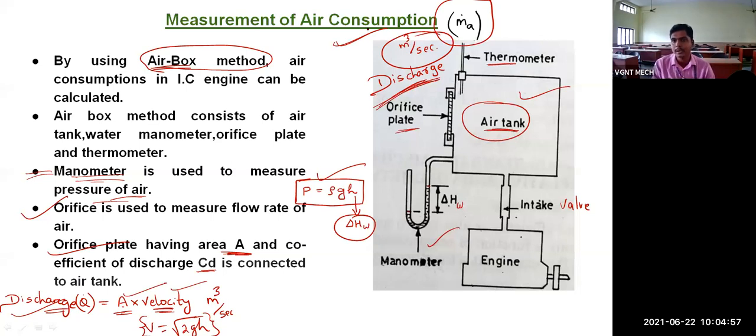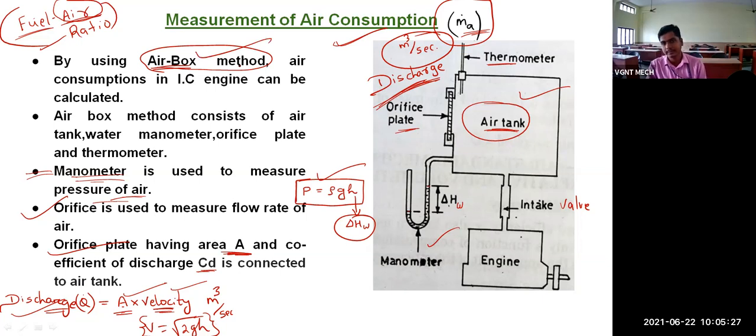We have to calculate this mass flow rate of air, because in some problems we have done, you have to calculate the air fuel ratio or fuel air ratio. For this, we should know the mass flow rate of the fuel and the mass flow rate of air. Then only we can calculate this ratio. To calculate the mass flow rate of air, we are using this air box method.